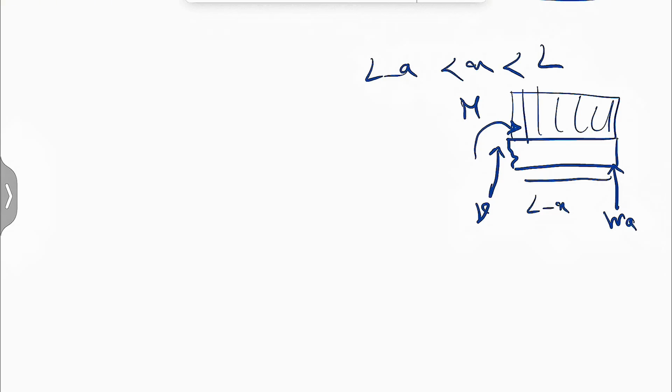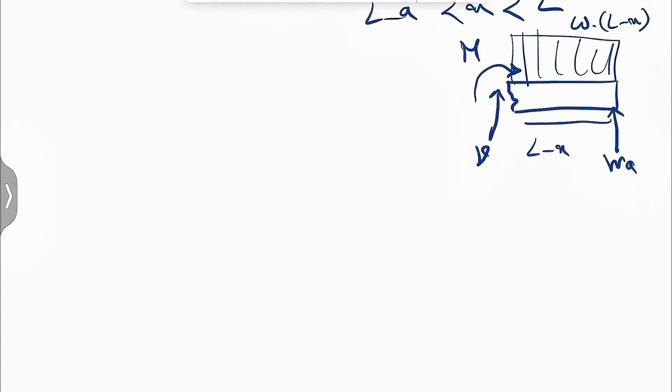And if we want to call this distance X, we have to find that distance from the left side, which is L minus X. So if that's the case, our rate is also L minus X. And yeah, that's pretty much everything. That was the trickiest part.